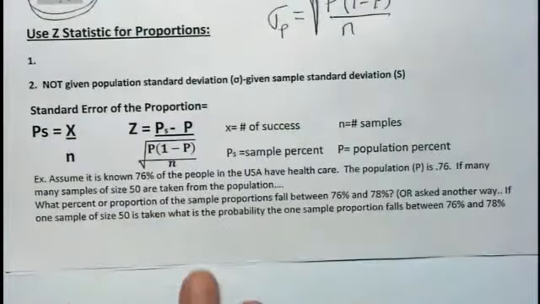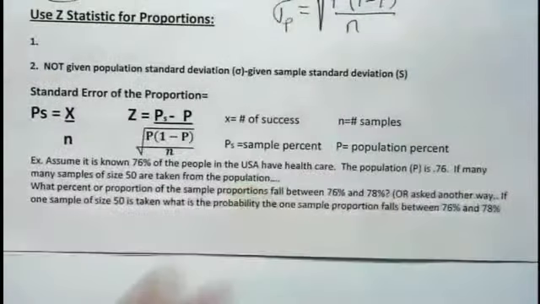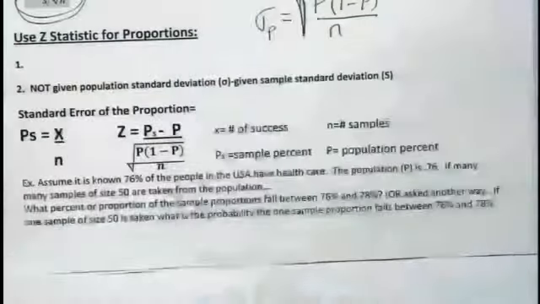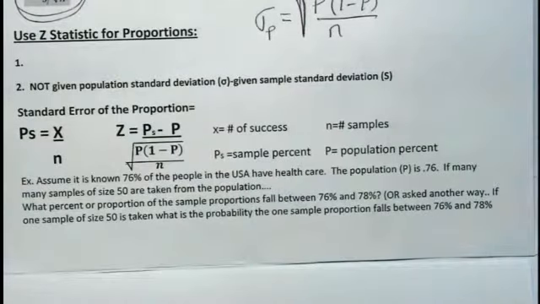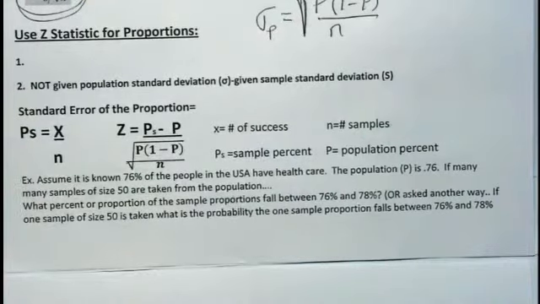In this problem, I did give you the sample. Again, I hope you have the handout. The writing is pretty small on this. So, example, assume it is known 76% of the people in the U.S. have health care. Well, that means the population percent is 0.76.